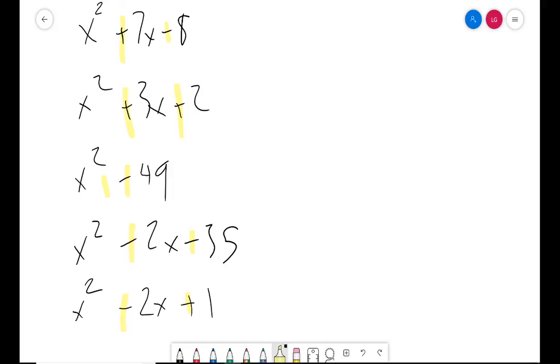But each might be able to factor. So it's not the combination of pluses and minuses that entirely determines whether it can factor. There's more criteria to it. What we're looking at here then is ways to get to multiplying to the final number, the last number, and adding to the middle number.